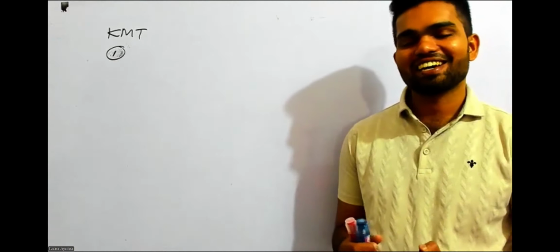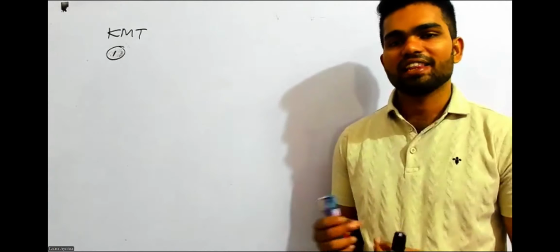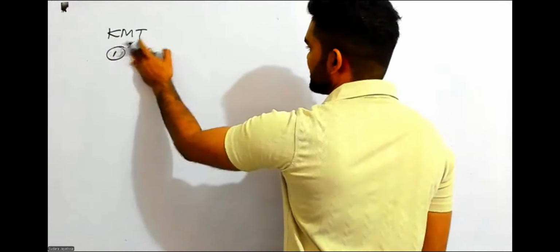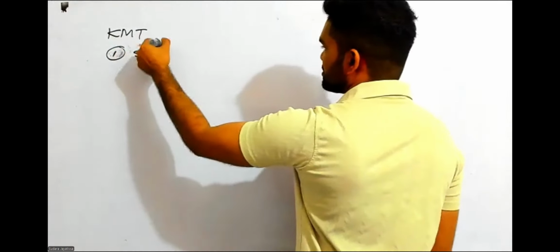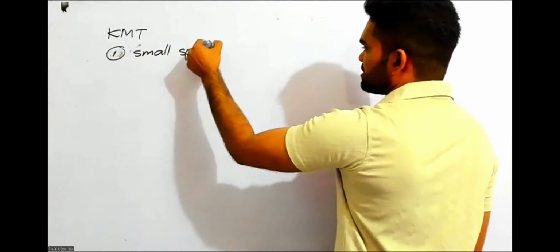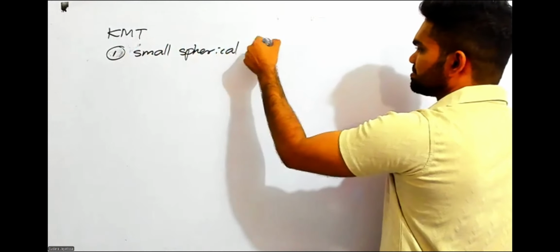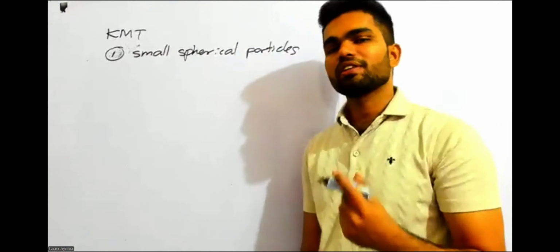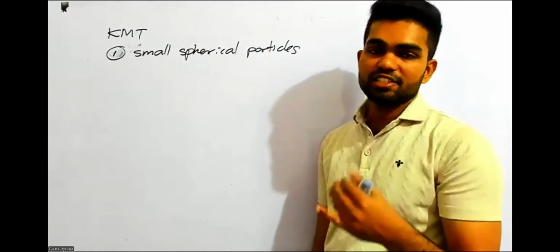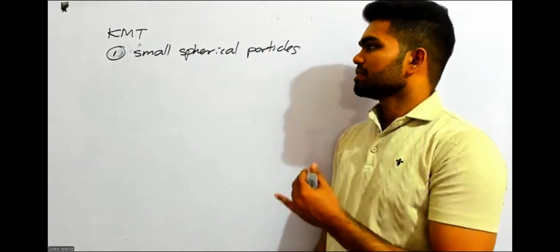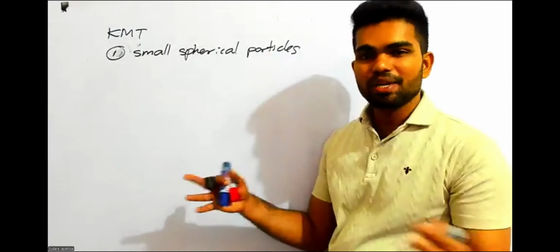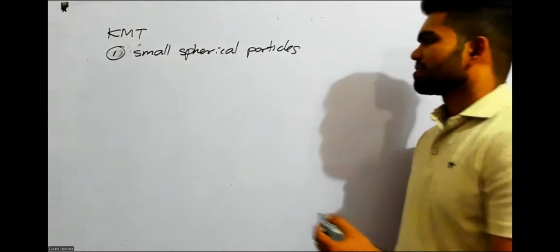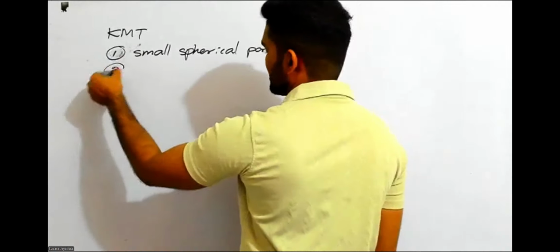Gas particles are very tiny and small and spherical. So basically, the kinetic molecular theory describes the nature of ideal gases. There was a long sentence, but this is the part we highlight: small spherical particles. And then the second thing is what?